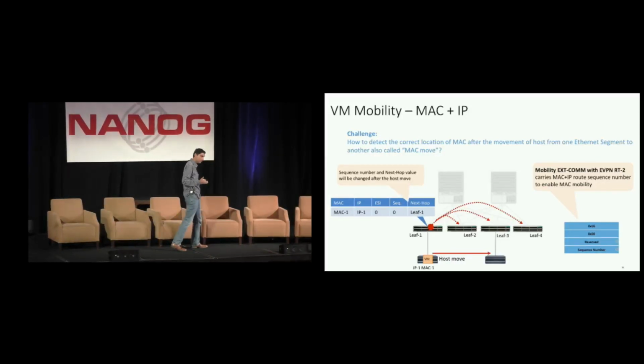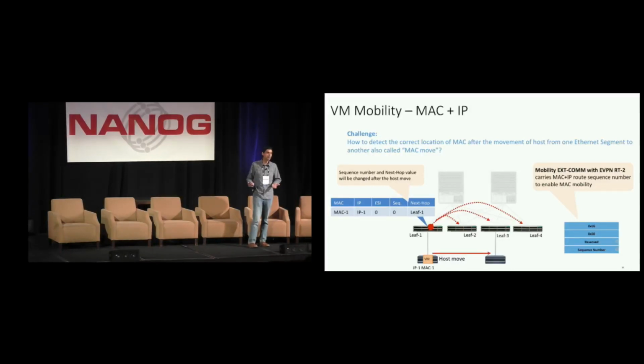So if a host moves from one leaf to, say, another leaf, then all the leaves that are part of the EVPN instance in the data center must be able to unambiguously determine what the current reachability information for that host is. This is accomplished via a route versioning mechanism, which is basically a sequence number attribute that is associated with each MAC plus IP route type 2.